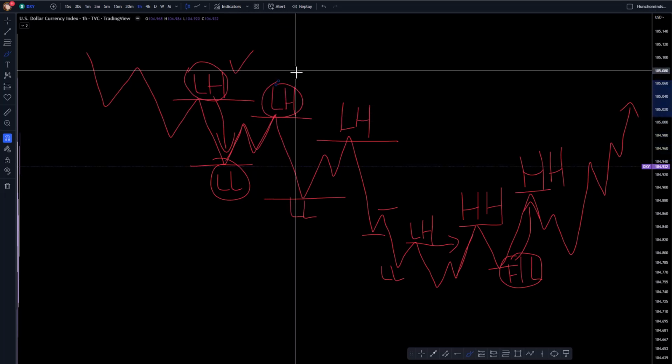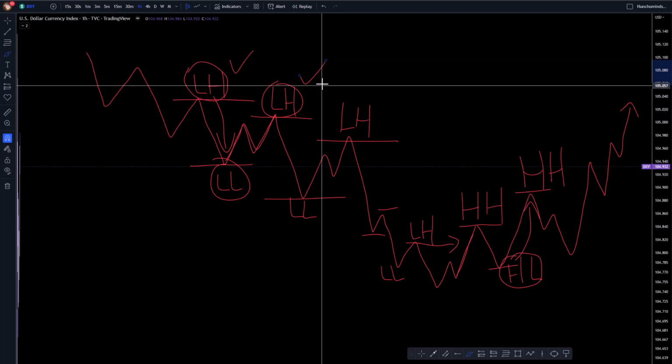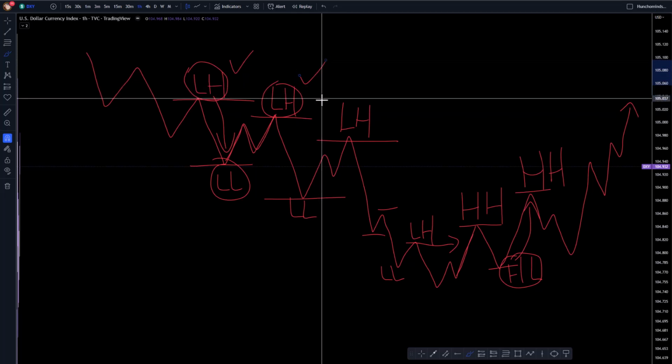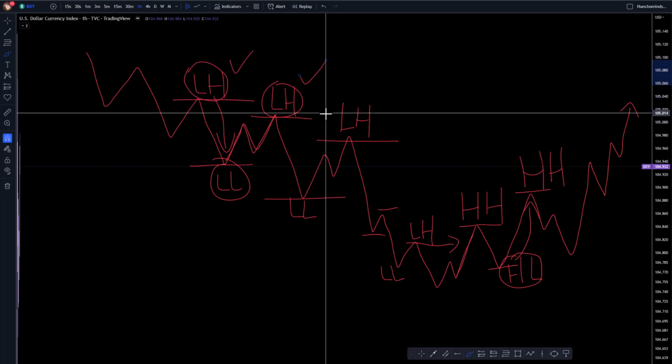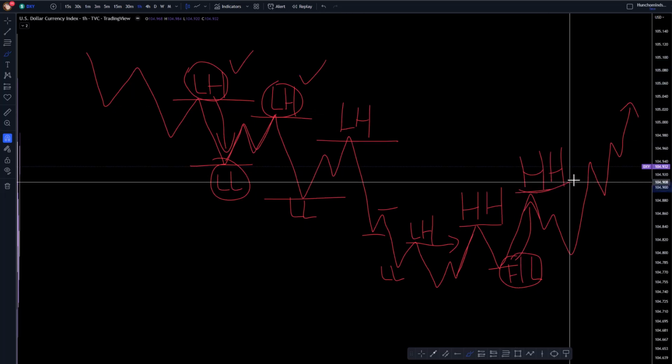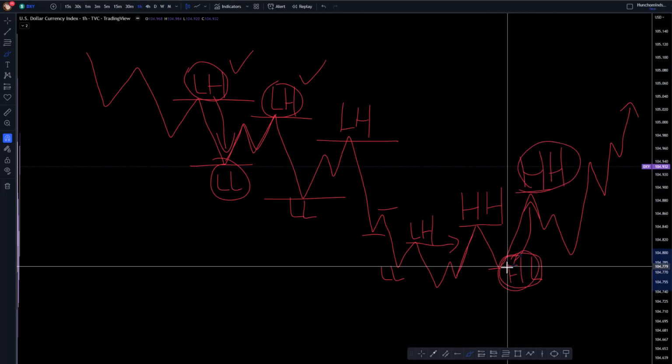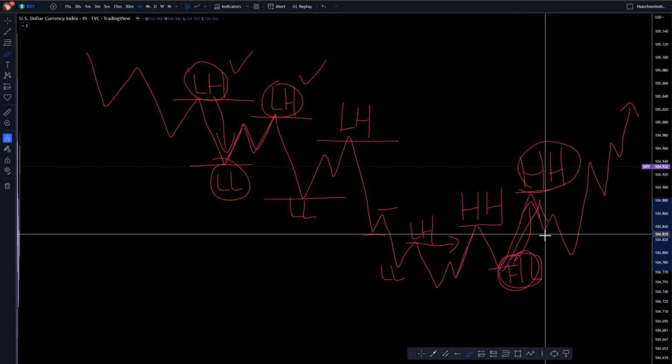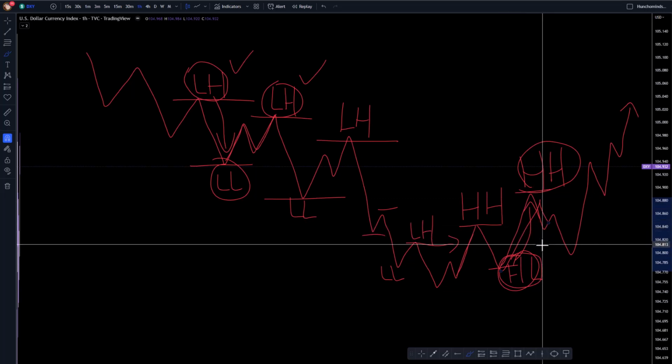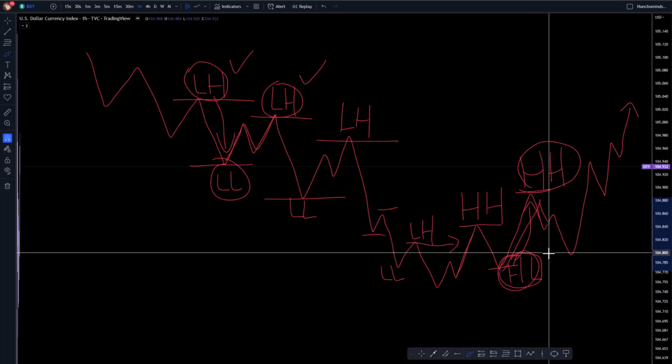Validating that lower high is crucial to understanding where you're at in structure. Validating those higher lows with a new higher high is crucial to understanding where you're at in structure and making sure that you're not a part of the liquidity.